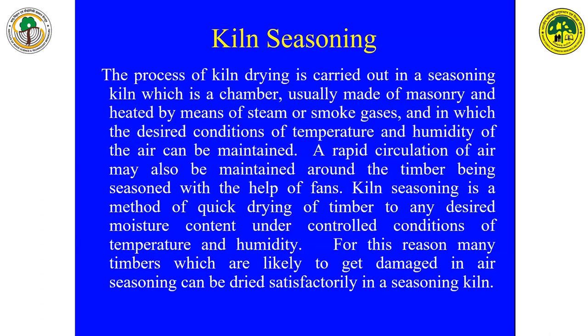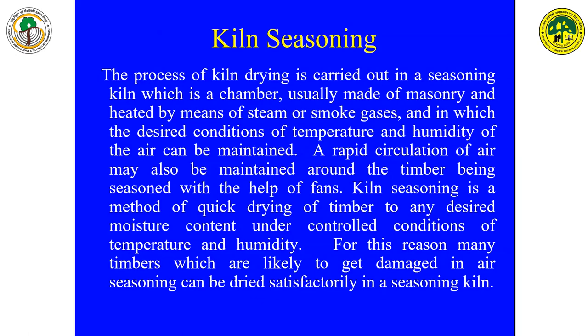But if we are able to create these three conditions of favourable temperature, favourable RH and favourable airflow in a room known as a kiln, a thermally insulated big room where we can keep a large volume of wood at a time, we can season it scientifically.